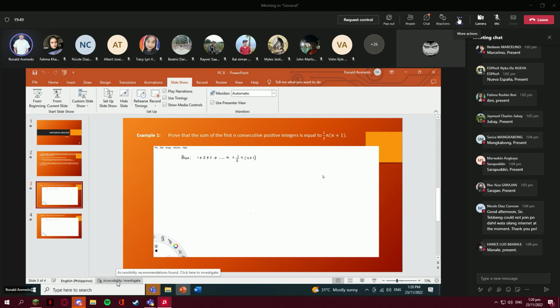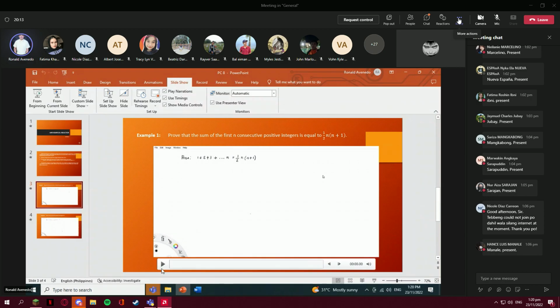Dapat i-prove natin na talagang tama ang ating formula, so that later on, if there will be similar problems, instead of adding 1 plus 2 plus 3 plus 4 plus 5 up to 100, you can just use the formula for easier solutions.